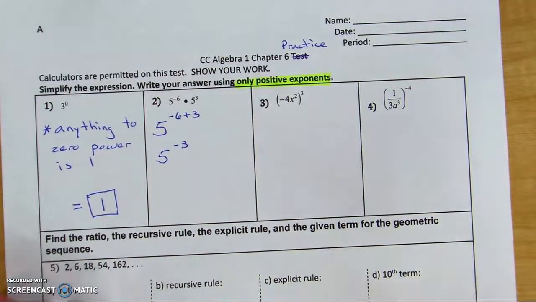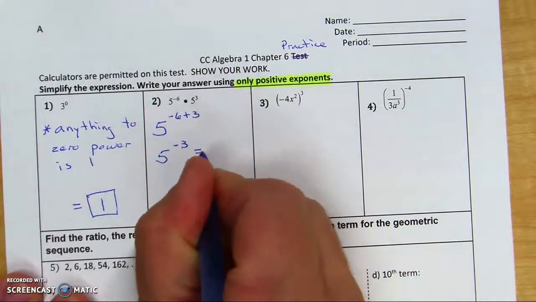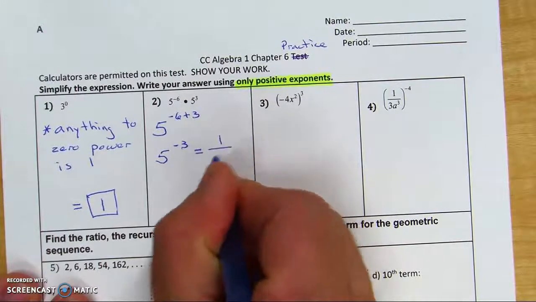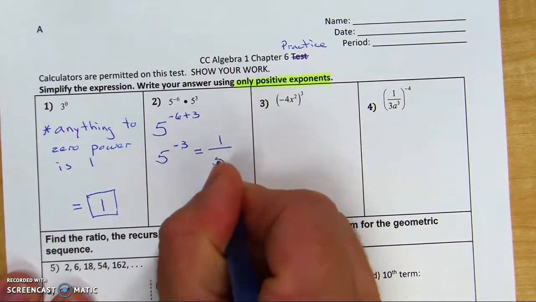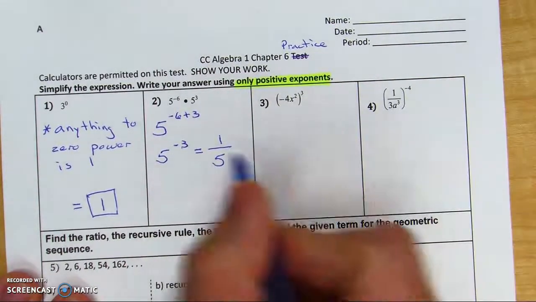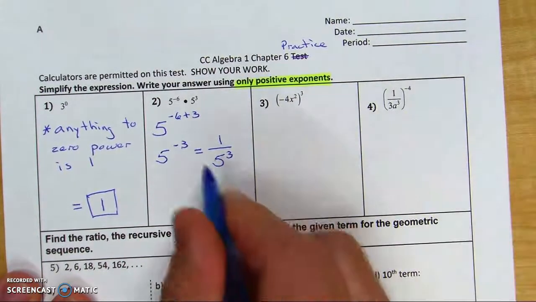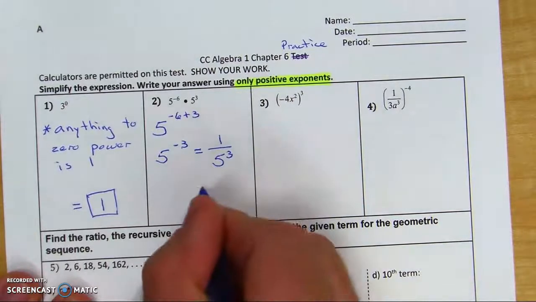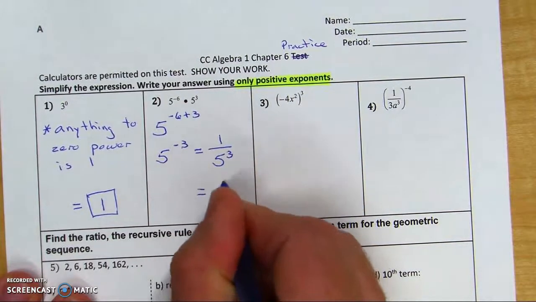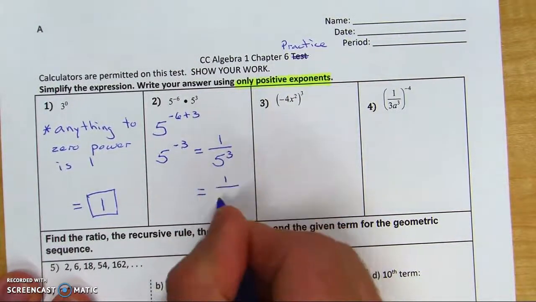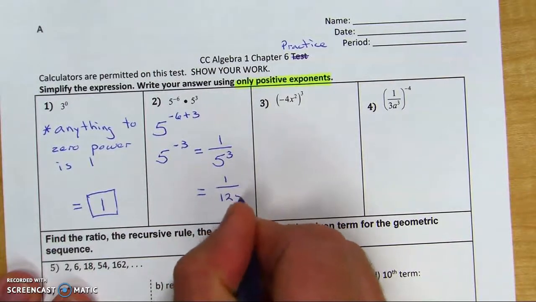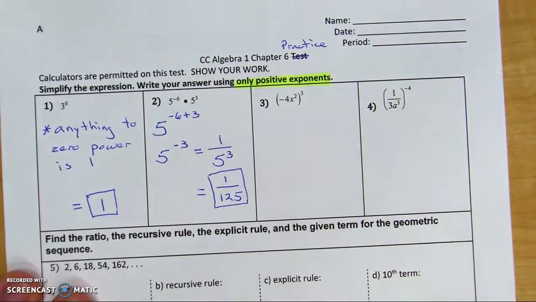So what I'd like you to do with that is to go ahead and write the reciprocal. So we're going to move that 5 to the bottom of the fraction, and then this negative 3 becomes a positive 3. I'm okay with you leaving it like that, or if you want to be a little bit more specific, you can write what 5 to the third is, which is 125. So that would be your answer.